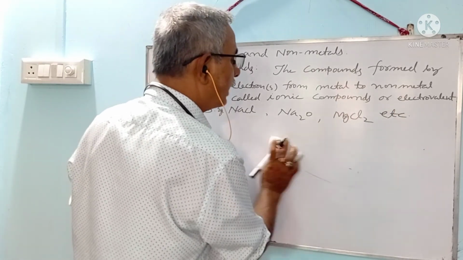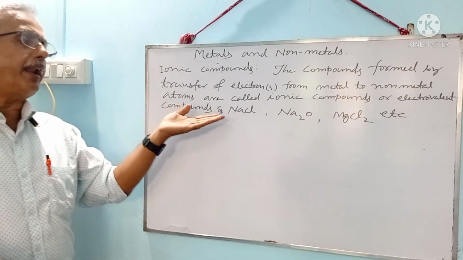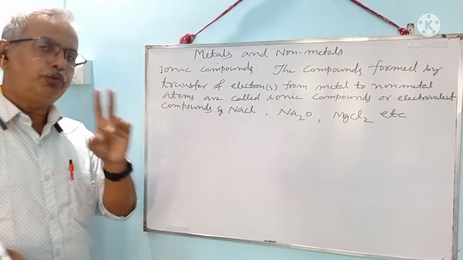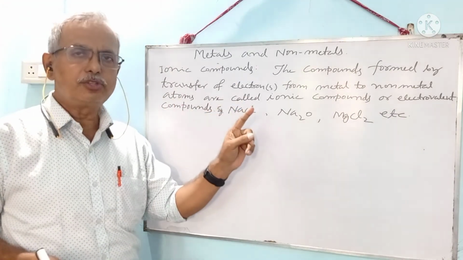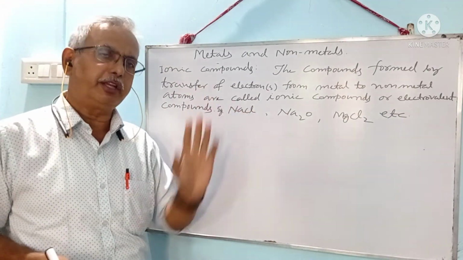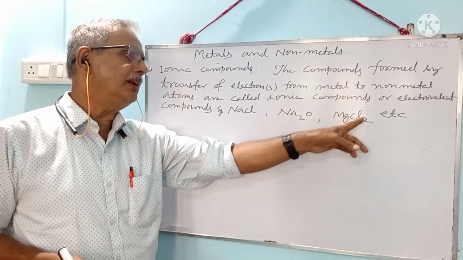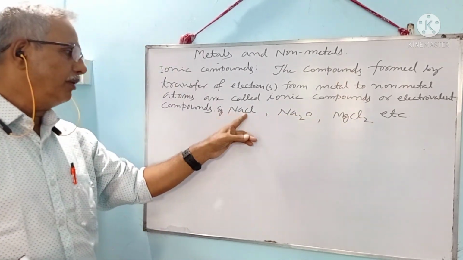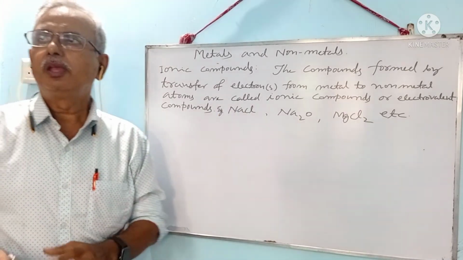Suppose some compounds are given and you have to decide which are ionic compounds, then you search in a compound: if one is metal and the other is non-metal, then surely it will be an ionic compound. Here you see, this is metal, this is non-metal. So metal, non-metal, that is why all are ionic compounds.